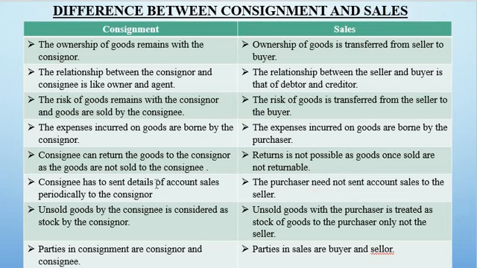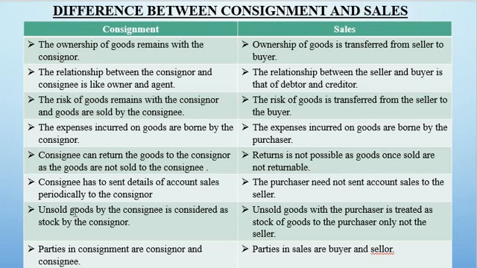In case of consignment, the details are sent by the consignee to the consignor regarding the amount of sales made and the price at which the goods were quoted. All these details will be sent by the consignee to the consignor. But when it comes to sales, no such details are sent by the purchaser to the seller, or the seller to the purchaser.